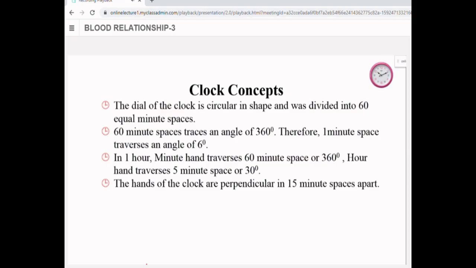At 3, or somewhere in between 3 and 4? The minute hand will be at 6. Yes, the hour hand is between 3 and 4. If it were at 3, then it would be perpendicular, but it's not at 3. It is in between 3 and 4.